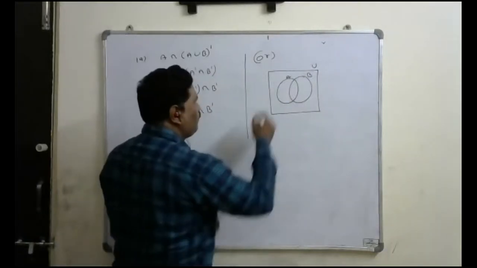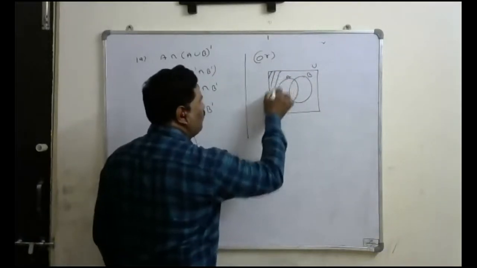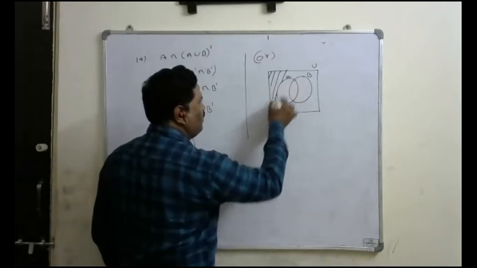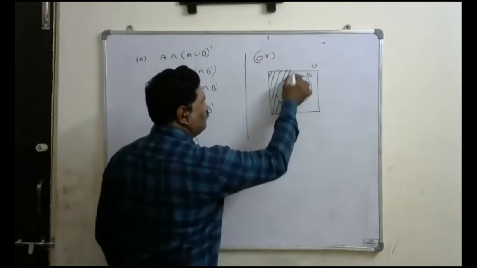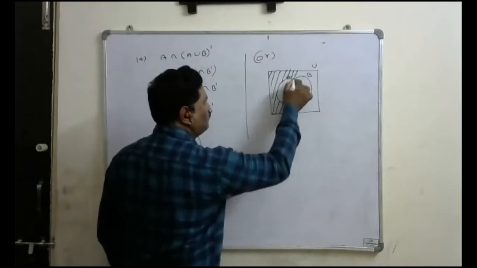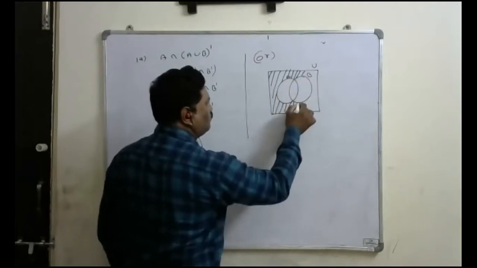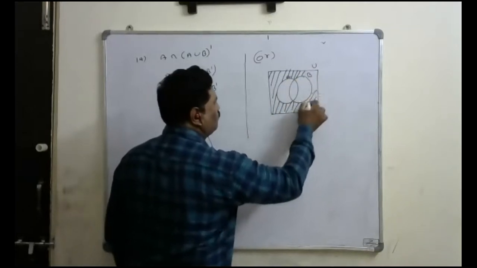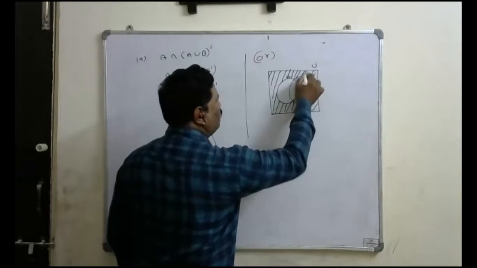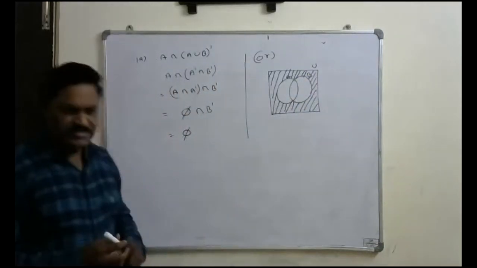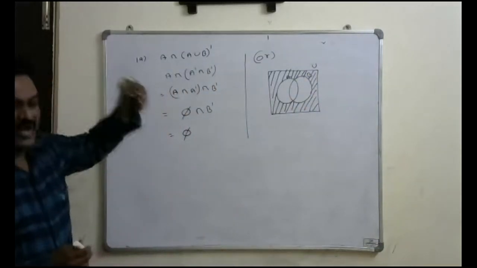Other than this, take the part of the universal set outside A union B. This hashed area represents (A union B)'.